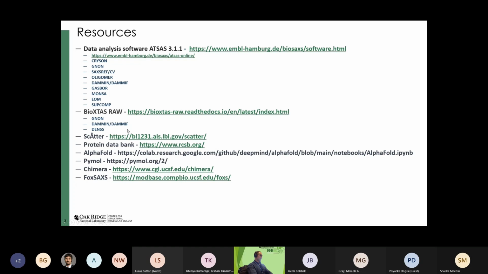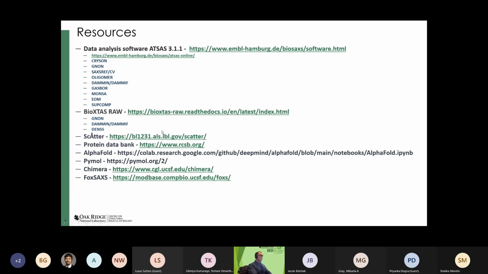And also we have Scatter, which is another option to analyze data, and they are kind of similar in the features they have. It depends on how you like them and how you want to use them. I personally like to use Raw. It's my preferred software to do data analysis.